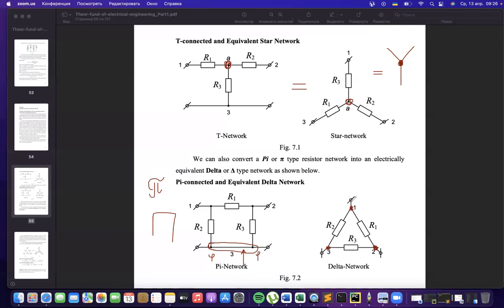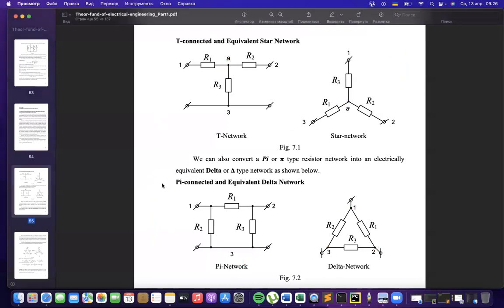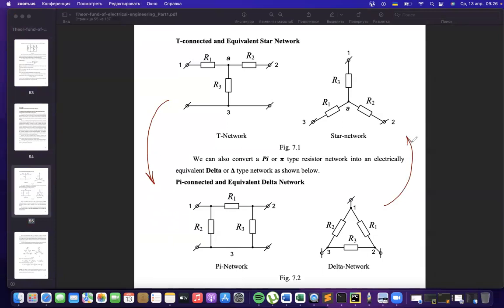Looks like a triangle, it's called triangle, or looks like the Greek letter delta, sometimes it could be called delta connection. And using formulas, you could in any system transform star connection to delta connection, or transform delta connection back to the star connection in any situation.